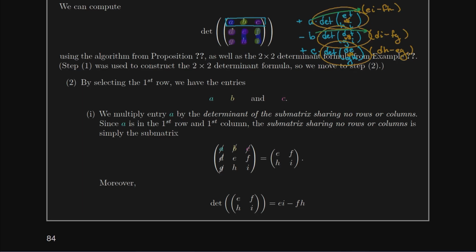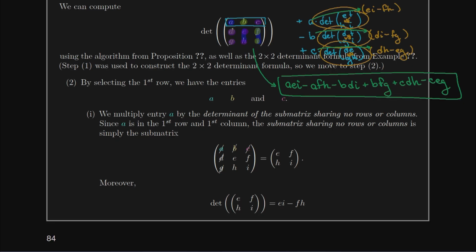I'm just distributing A and really negative B and positive C. We end up with the determinant of the 3 by 3 matrix is AEI minus AFH minus BDI plus BFG plus CDH minus CEG. So we have one nice giant formula for the determinant of a 3 by 3 matrix.